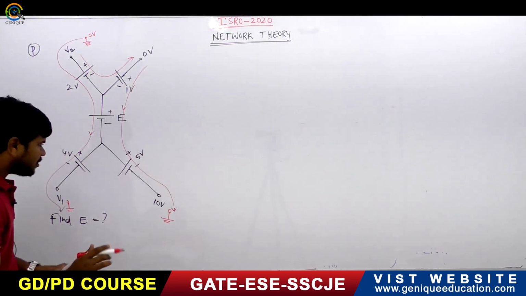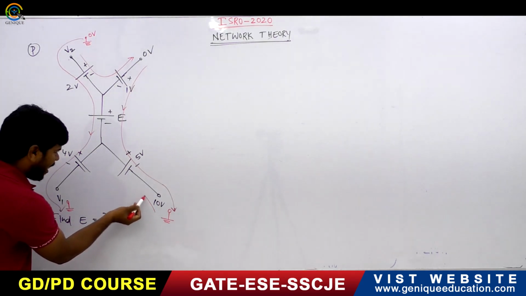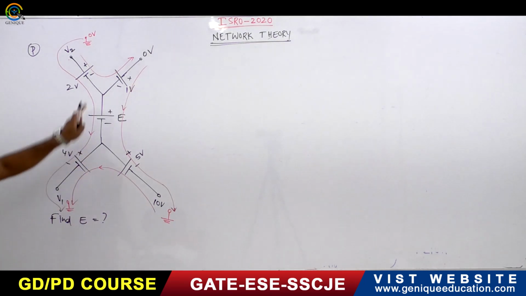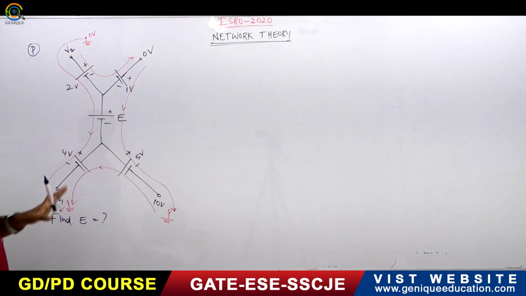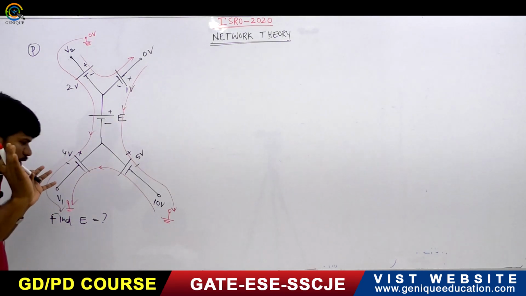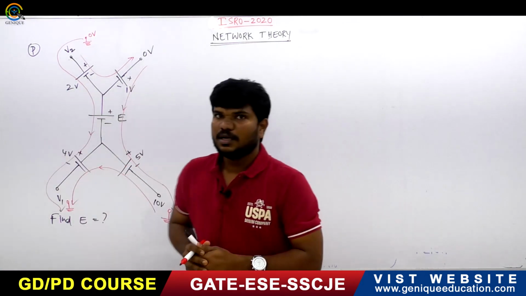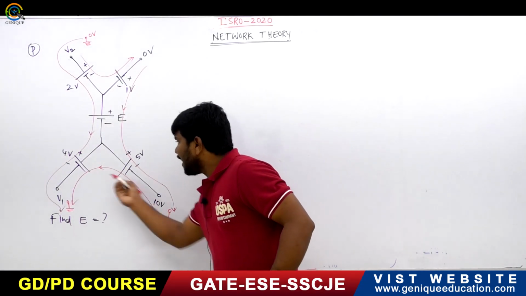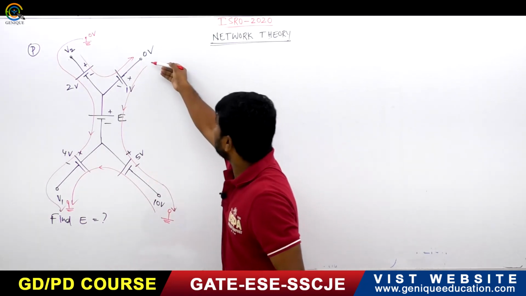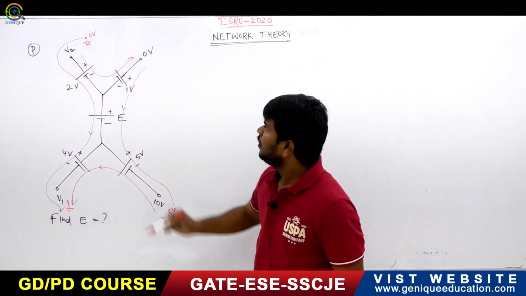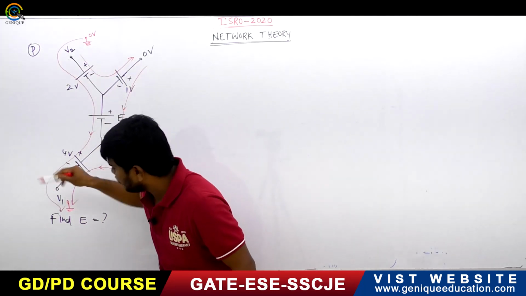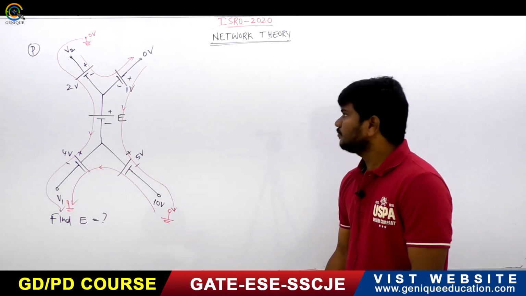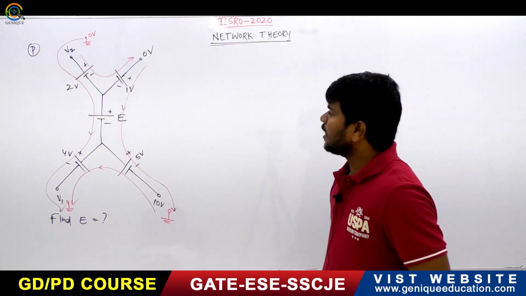Let us suppose the current started from here and ended at here. This is 1, 2, 3, 4 loops. Four loops are existing here, right or not? It started from 0 and ended at 0, that is one loop. So there are 4 loops you can identify.